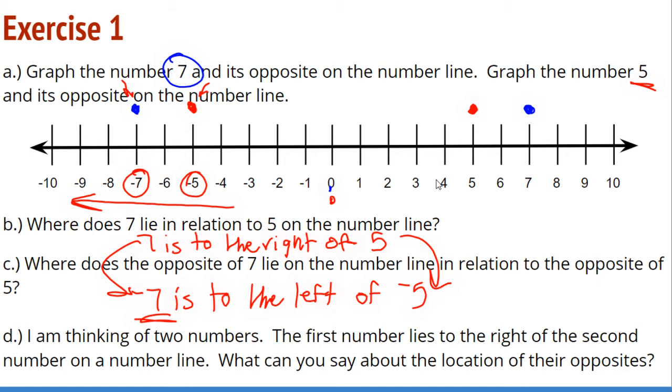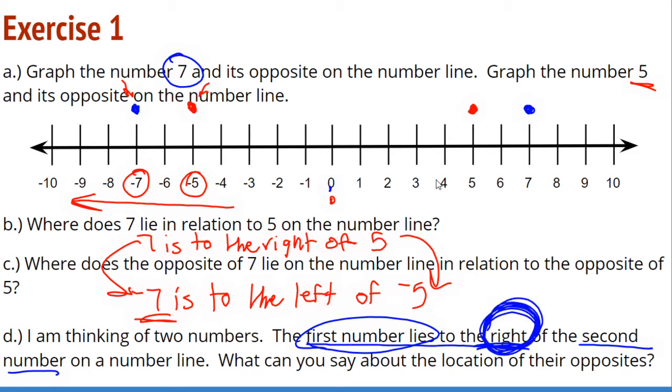So thinking of two numbers, the first number lies to the right of the second number. What can I say about the location of their opposites? If I have the opposite of the first number, how is that compared to the opposite of the second number? Well, if the first number is to the right, then their opposites are going to be reversed. It's going to be opposite.